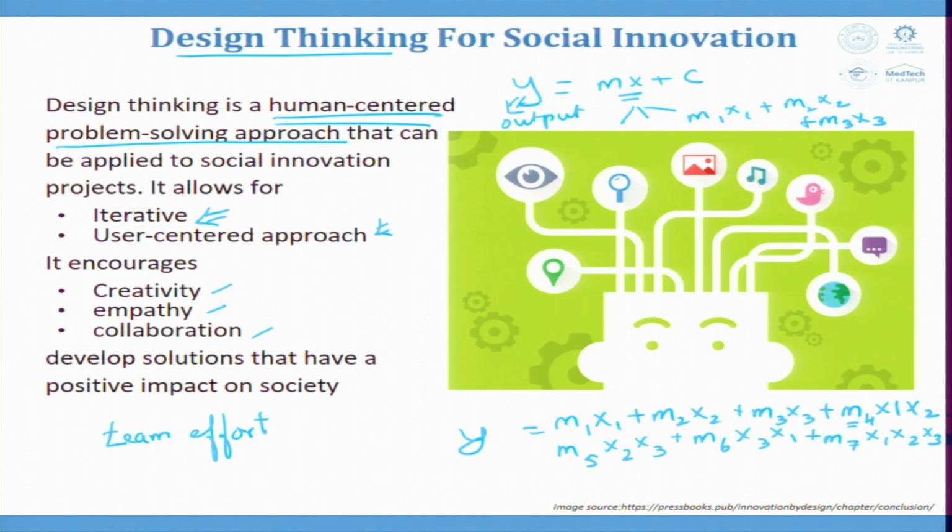But if a product or a process or a service has to be done, the team has to work together in developing solutions. So, that is why it is called human centric problem solving, wherein creativity, empathy and collaboration are part and parcel of it. So, they develop solutions that can bring a positive impact in society. Social innovation means positive impact to society.